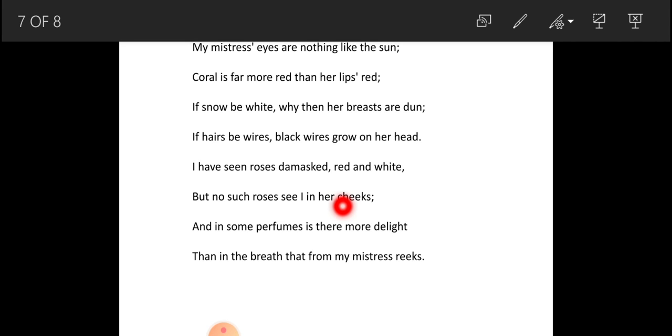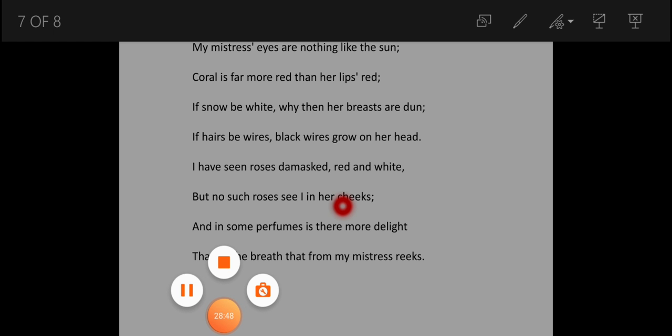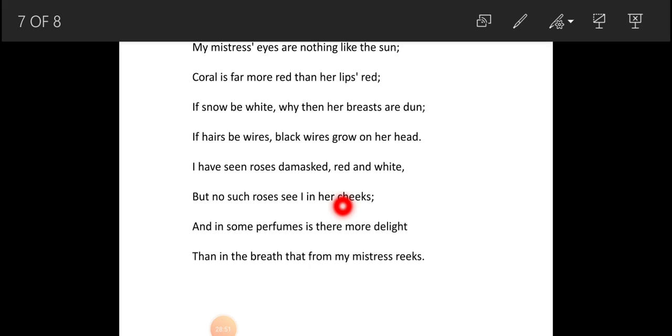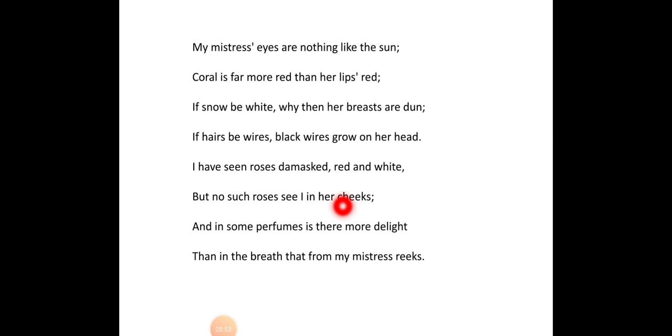So, what is Shakespeare doing in this sonnet? Shakespeare is turning the tradition upside down. Shakespeare made the tradition stand on its head.